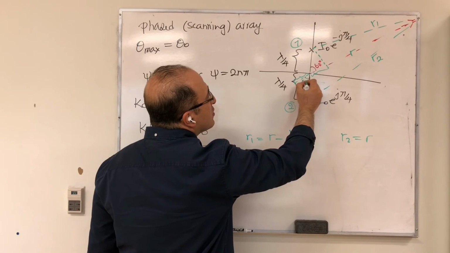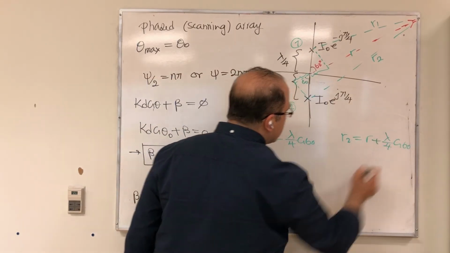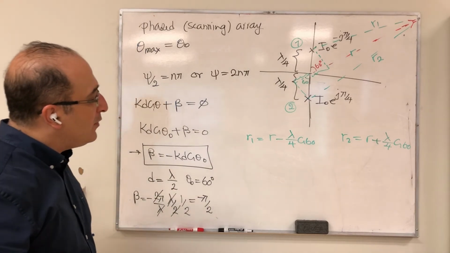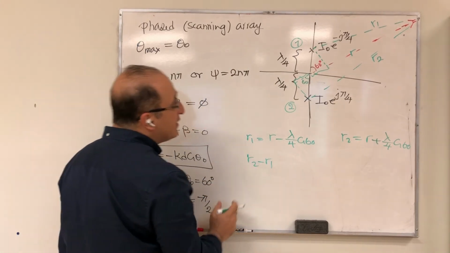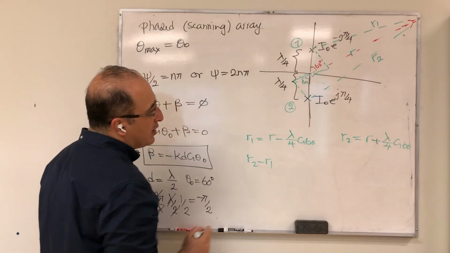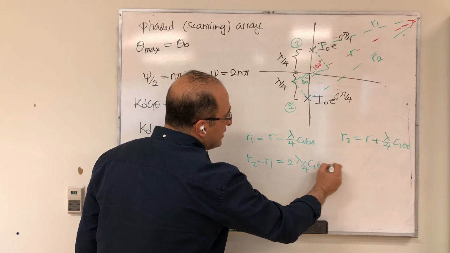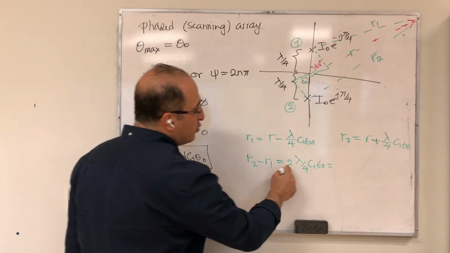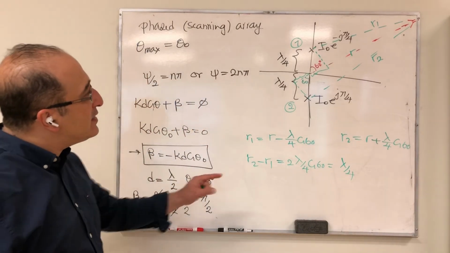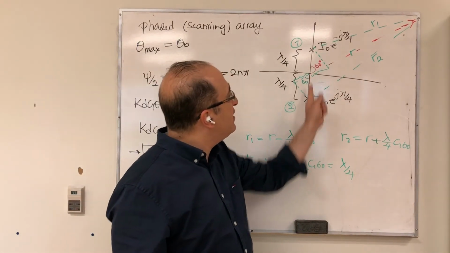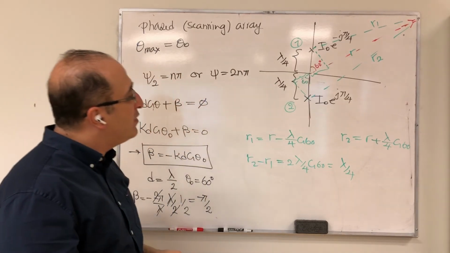This angle is also 60, so it becomes plus λ/4 cos 60. So R2 minus R1, the difference between R2 and R1, becomes 2 × λ/4 × cos 60, and cos 60 is half, so 2 and half cancel, it becomes λ/4. So this is the extra distance that this one needs to travel to get to there.